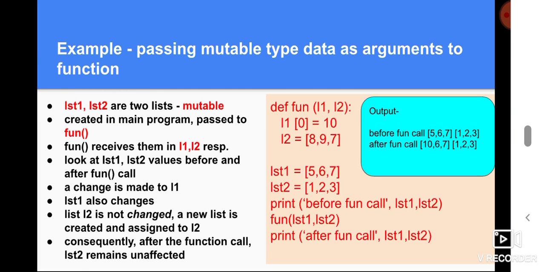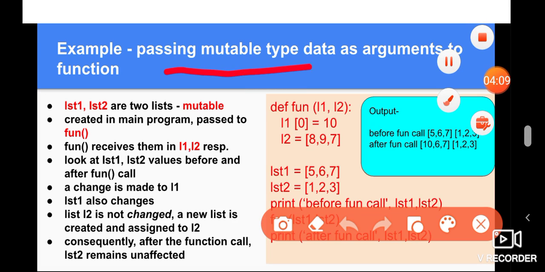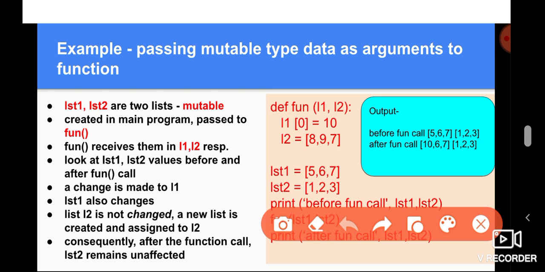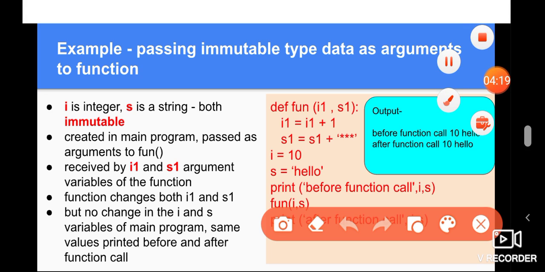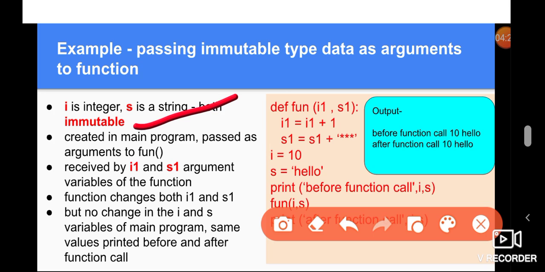Now after this we look at another example in which mutable type data is passed as arguments. In the previous example we passed in an integer and a string as arguments, both of which are immutable. So remember that immutable type data when passed to a function as arguments, the function may change the argument variables it is receiving, but it does not cause any change in the actual variables which were passed as arguments.